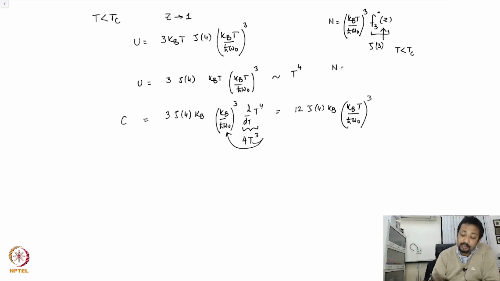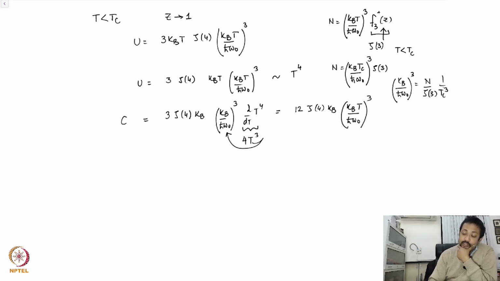So that N is equal to kBT over h bar omega naught whole cube zeta of 3, where we substitute Tc for T. Therefore, I can immediately see that kB over h bar omega naught whole cube is nothing but N over zeta 3 times 1 over Tc cube.